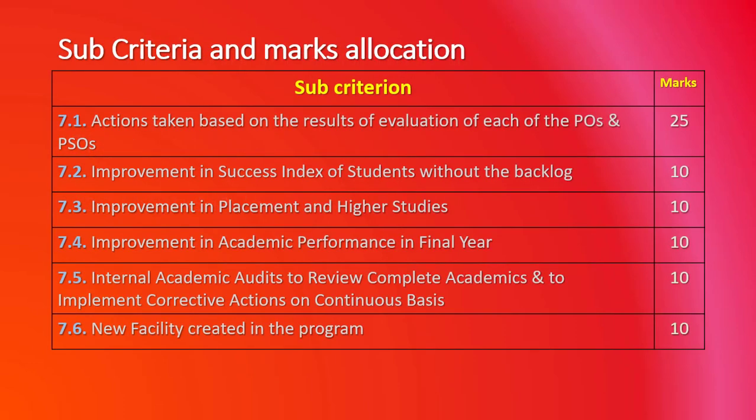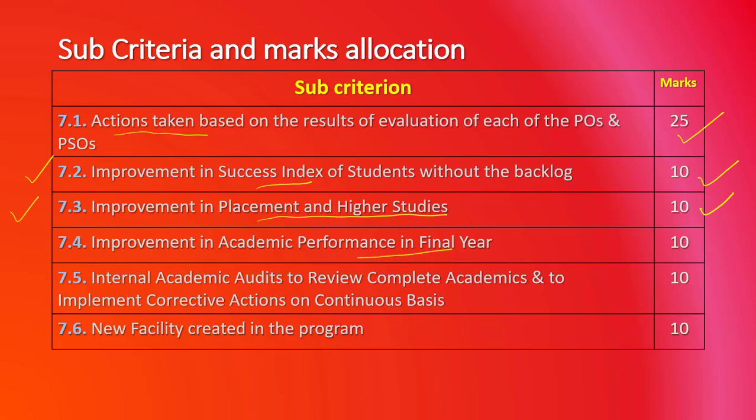The sub-criteria are actions taken based on results of evaluation of each of PO and PSO, 25 marks. Improvement on success index, 10 marks. Improvement in placement and higher studies, 10 marks.